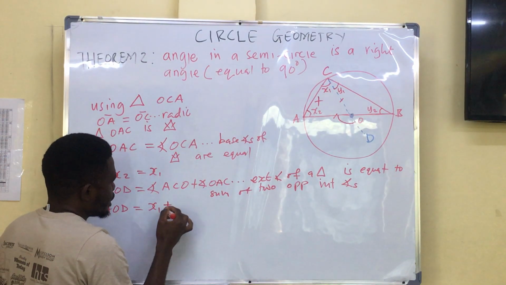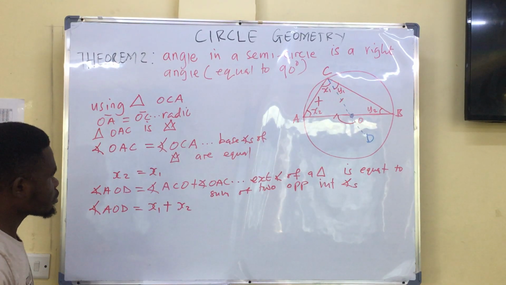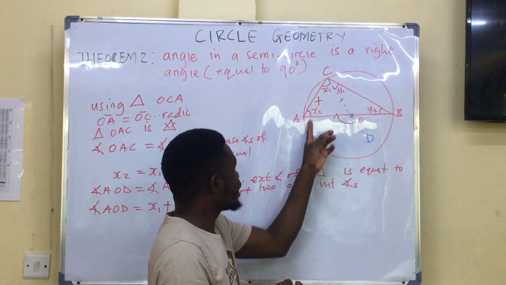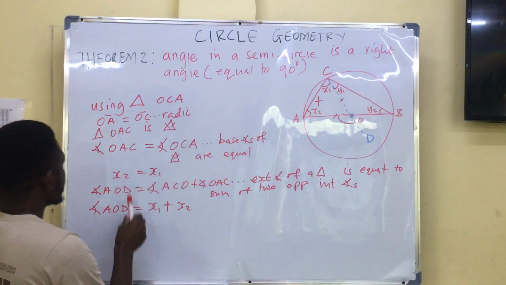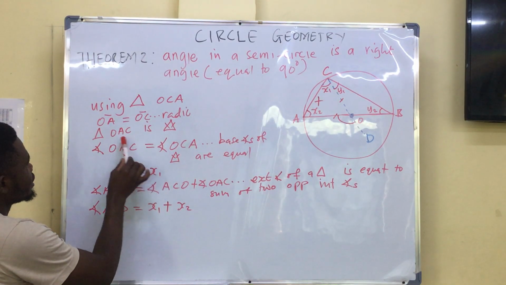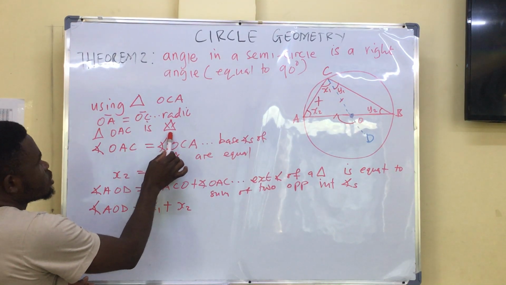Meaning there will be X1 plus X2, right? Fine. But you know that triangle OAC, remember, it's a what? It's an isosceles triangle, right? Triangle OAC is an isosceles triangle.